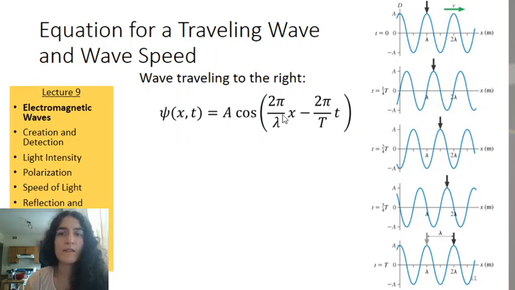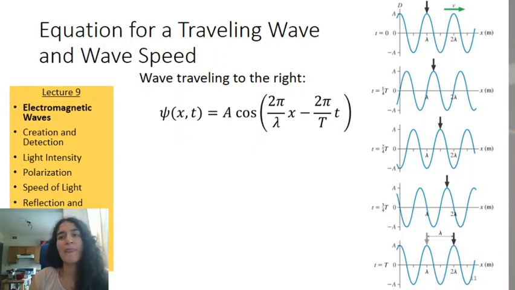What this argument gives me is that anytime I go from t equals 0 to t equal to 1 period, I've only changed the argument of this cosine by 2 pi, right? And we know that cosine is periodic every time you go through 2 pi radians.